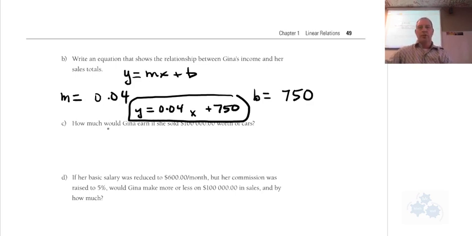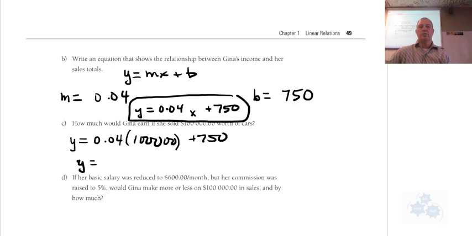Now, how much would Gina earn if she sold $100,000 worth of cars? Wow, that's a lot. So let's see. Well, now instead of filling out our table, we could just use our equation. So we have 4% of 100,000, right, plus 750.